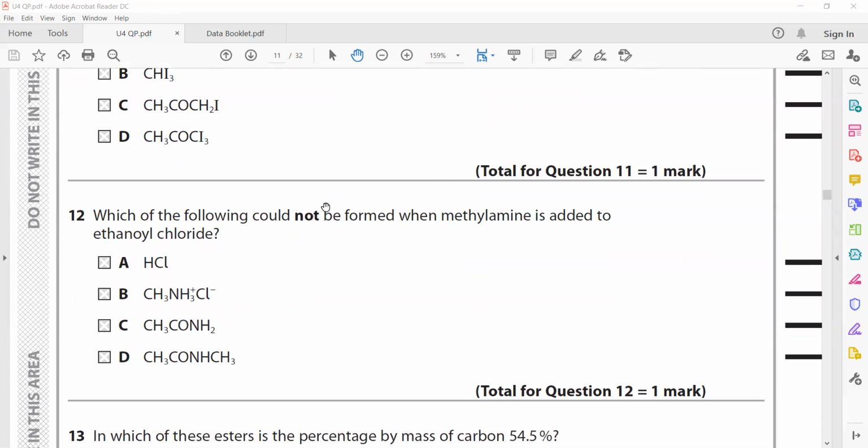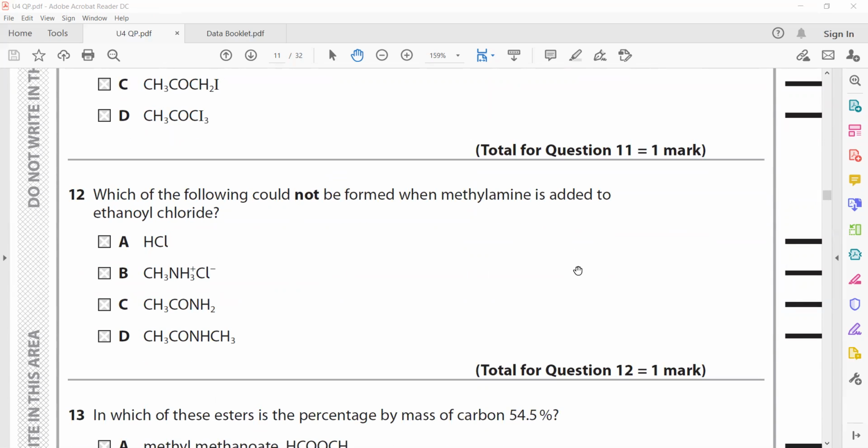Which of the following could not be formed when methylamine is added to ethanoyl chloride? So methylamine is basically CH3NH2, reacting with ethanoyl chloride, CH3C double bonded with O and Cl. So what happened?